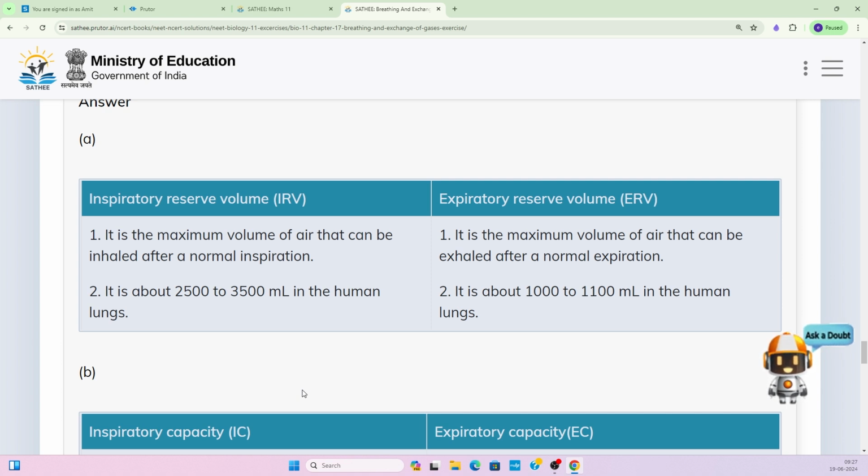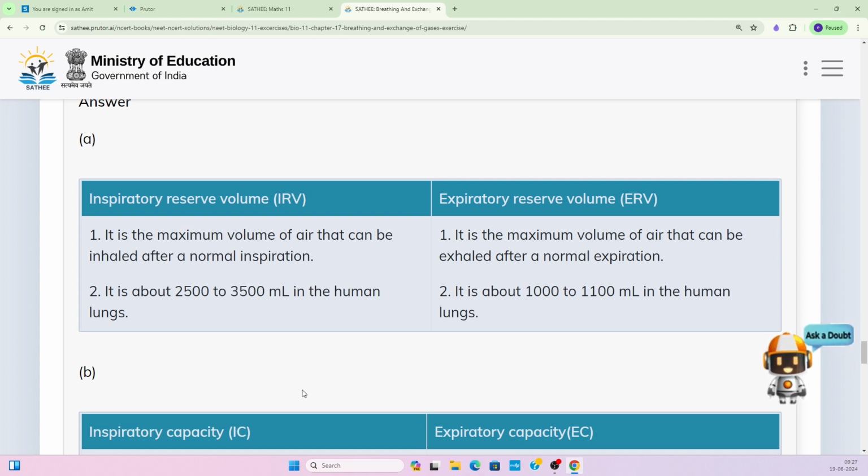Now, ERV is the maximum volume of air that can be exhaled after the normal expiration. So there is a normal expiration, we give out the carbon dioxide laden air. That is the maximum volume of air that can be exhaled out, right?